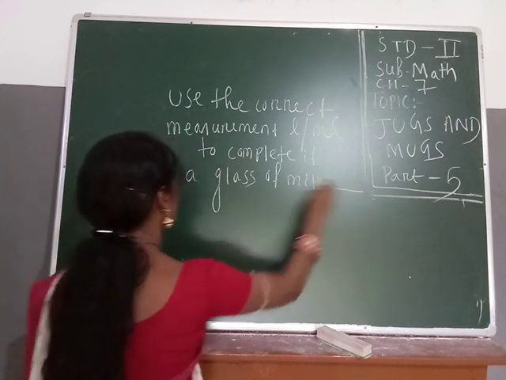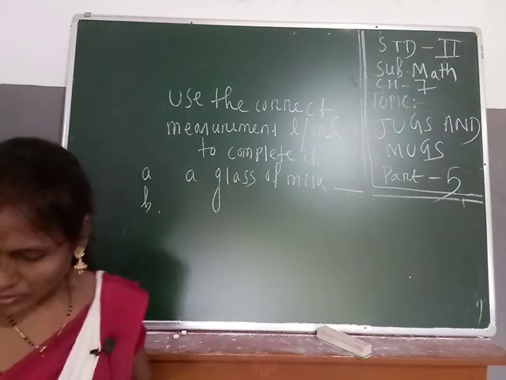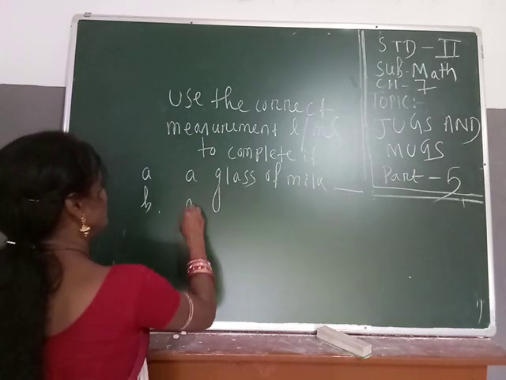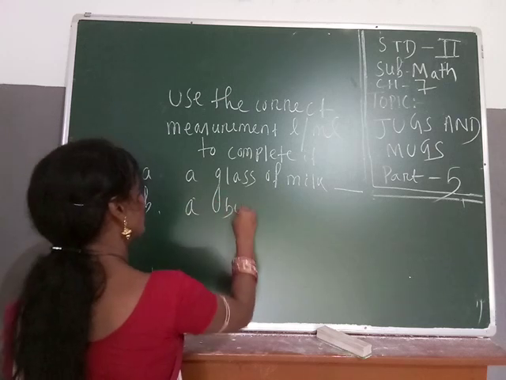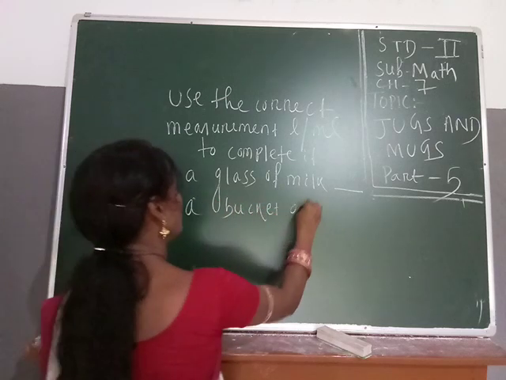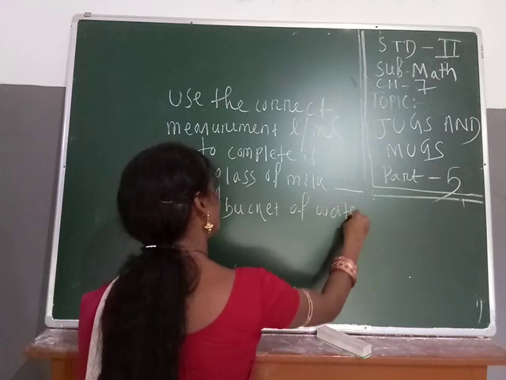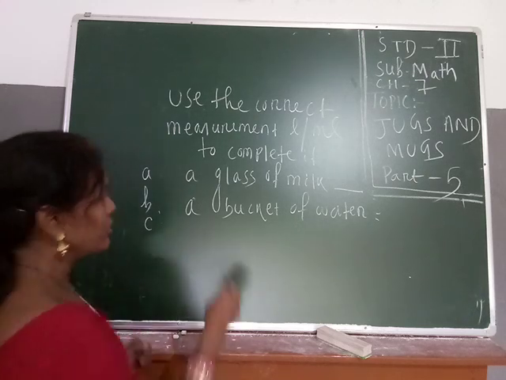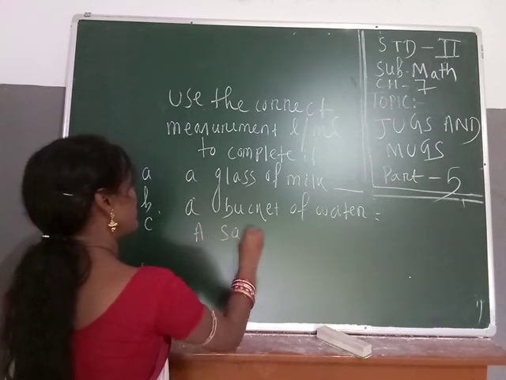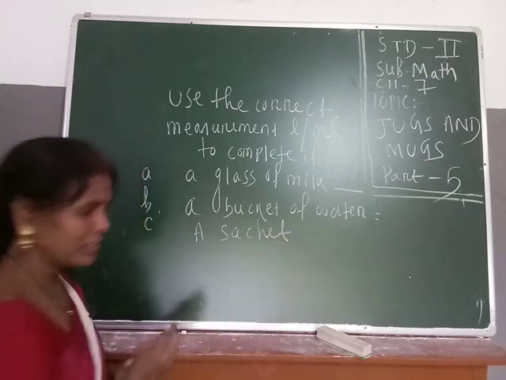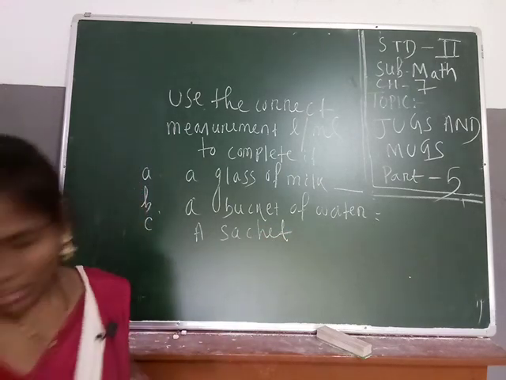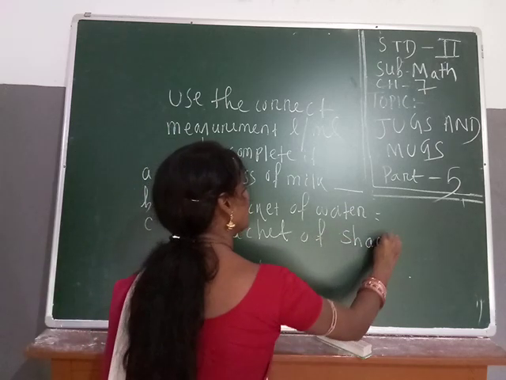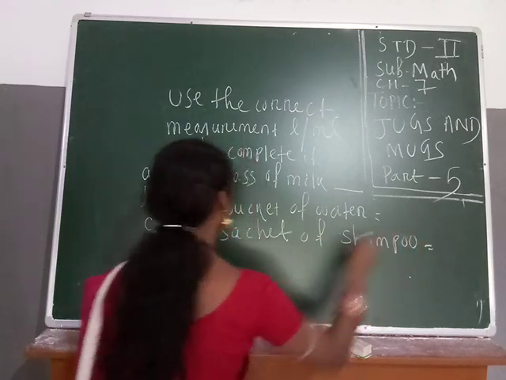Okay students, next number B will write a bucket of water. Number C will write, that one is a sachet of shampoo. You have seen a shampoo packet in your house? Which one you use to wash your hair.